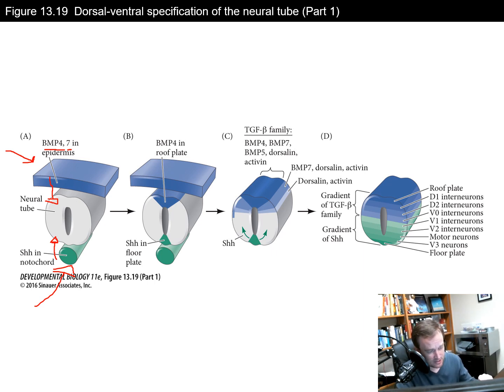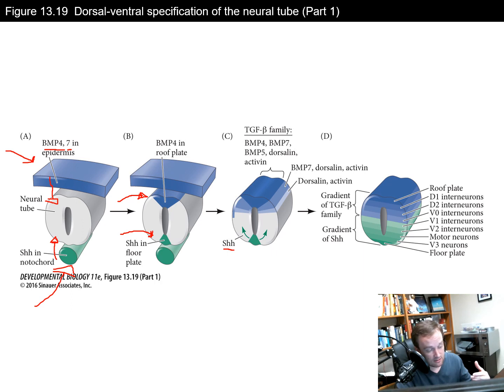And so what happens then is we get the establishment of the roof plate and the floor plate of the developing neural tube. Once these are established, they will continue to secrete the paracrine factors that created them.